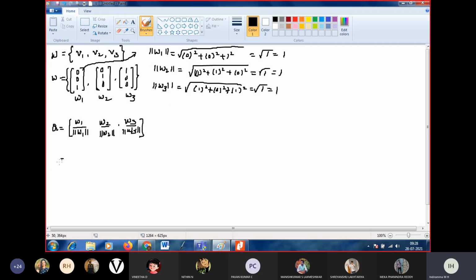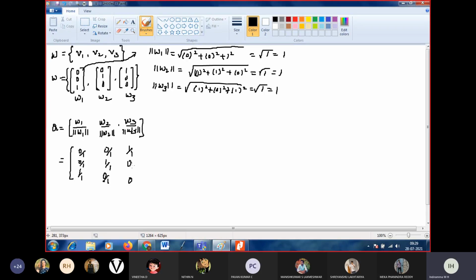So now consider W1. First you write W1, that is 0, 0, 1. Next, divide by its norm, divide by 1, 1, 1. Next, consider W2, 0, 1, 0. Divide by norm of W2, that is also 1. Next, consider W3, which is 1, 0, 0.